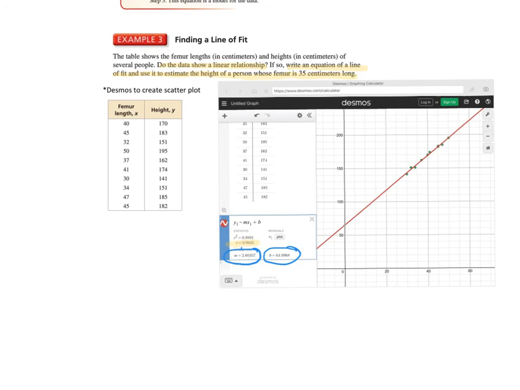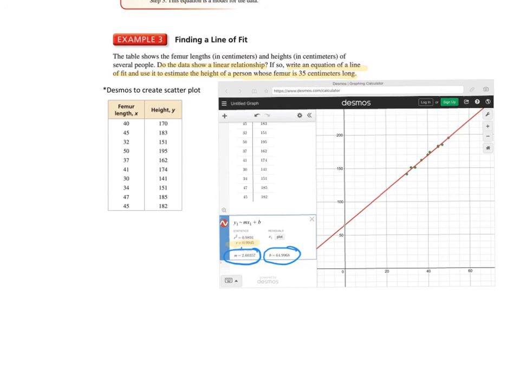And it tells you how good a fit your equation is to model your data. Okay, it's never going to be perfect, but we have this scale. It goes from 1 to -1, with 0 being in the middle. The closer it is to 1 or -1, the better the fit of the data.